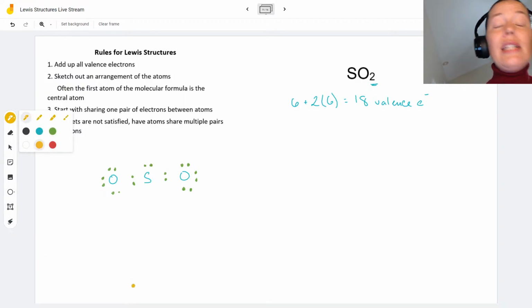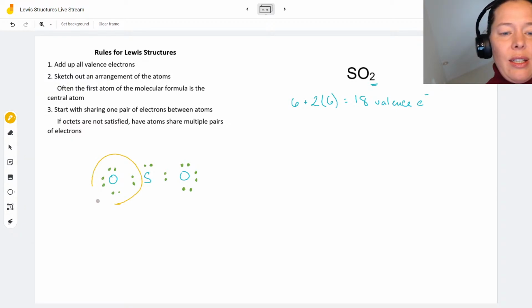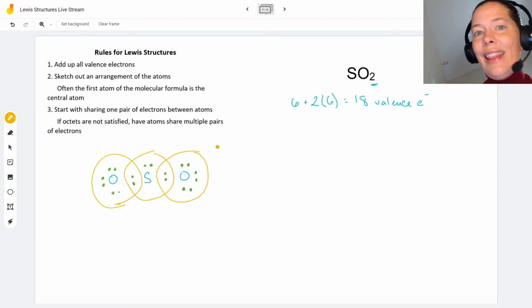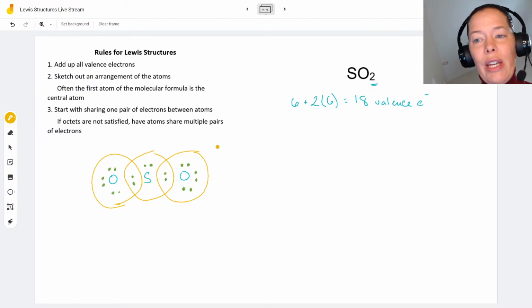Okay, I have used 18 valence electrons. Let's check octets. All right, this oxygen is fine. I have some problems with this sulfur, and this oxygen is also fine. So we have used all 18 valence electrons with single bonds, and we're not getting octets satisfied, so let's make them share more.